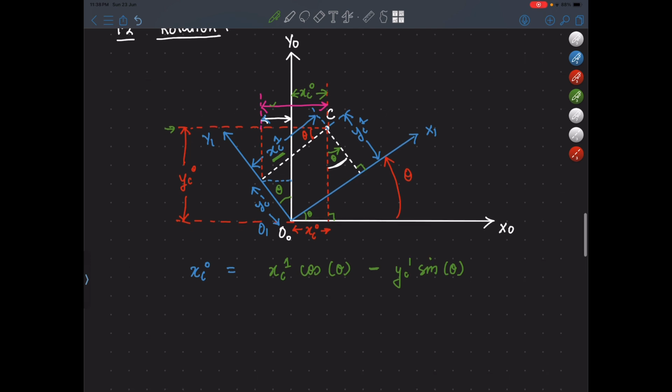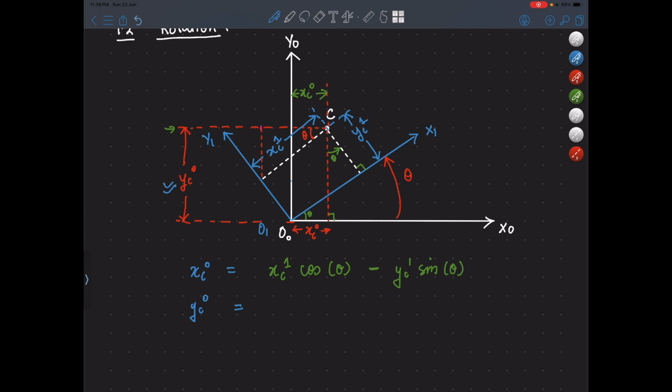In a similar fashion, I'll rub these pink lines and white lines just to make it clear. All right, in similar fashion you can also find the expression for yc naught. Okay, so yc naught is this value.